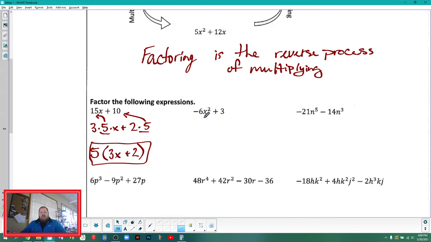On the next one, I'll be kind of technical here. I might look at that as -1 times 2 times 3 times x, and then over here I just have 3. 3 is a prime number. And I'm actually going to say 3 times 1, just to make the next step make a little more sense.